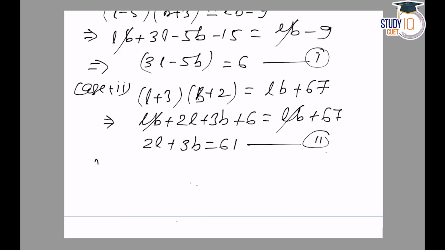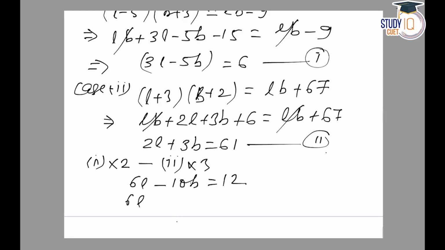Now multiply equation 1 by 2 and equation 2 by 3 and subtract. So we get 6L minus 10B equals 12 and 6L plus 9B equals 183.